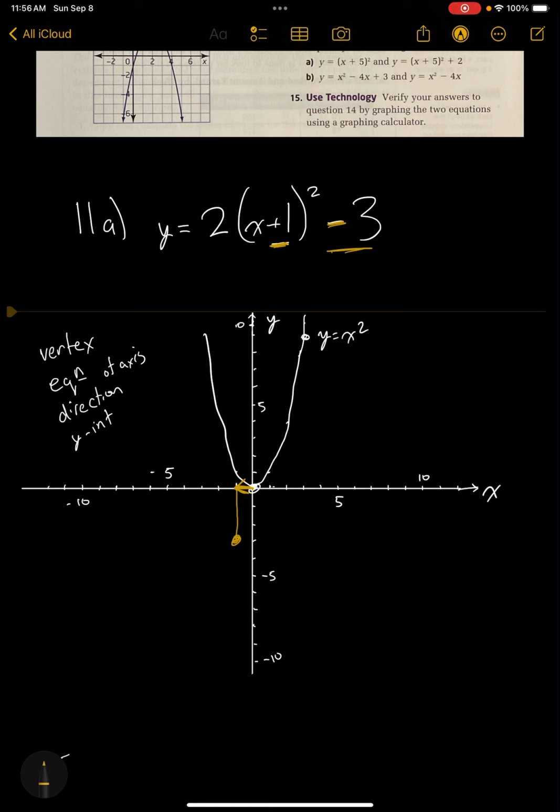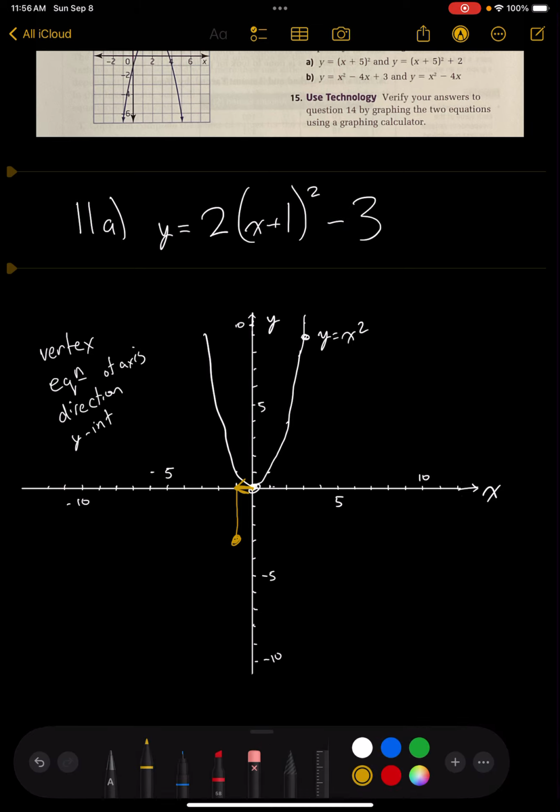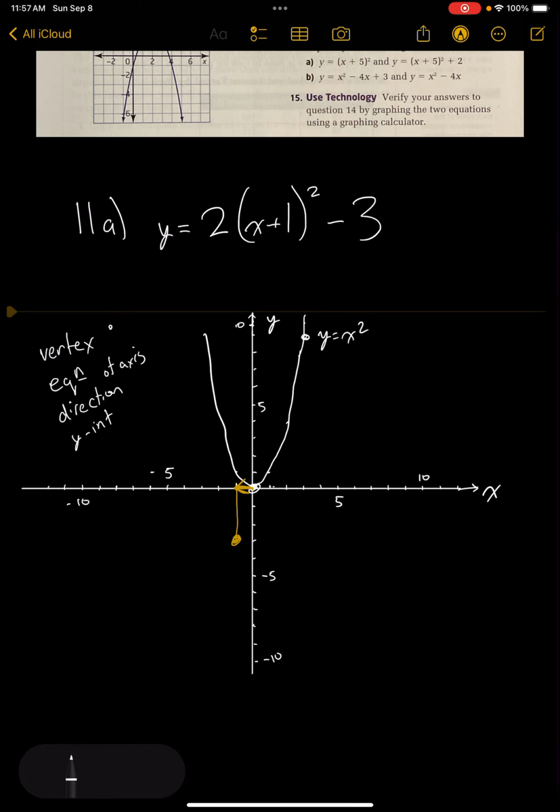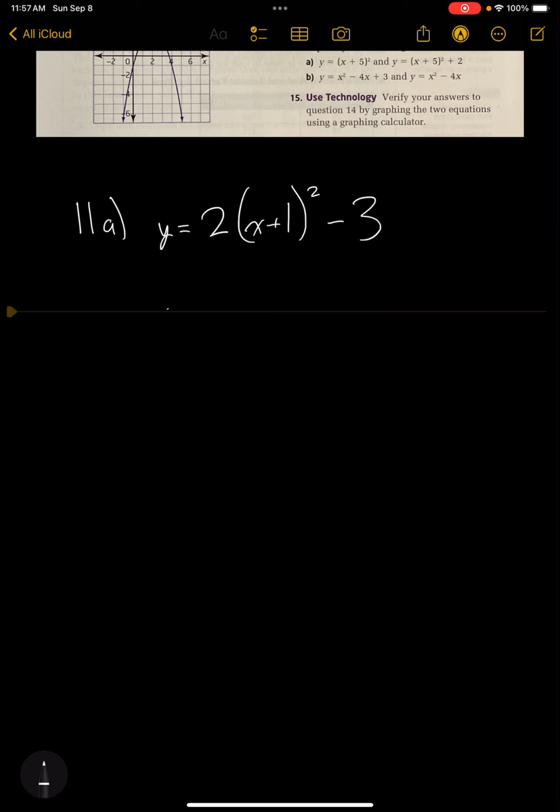So these two determine where the vertex is. The vertex is at point -1, -3.